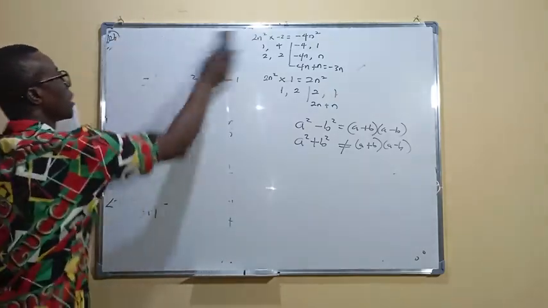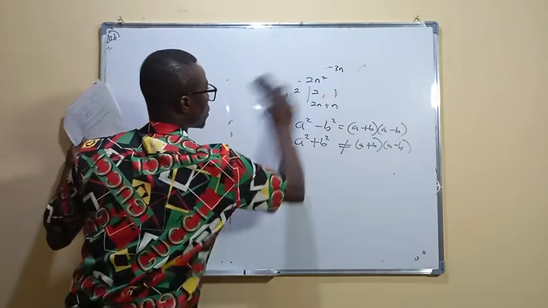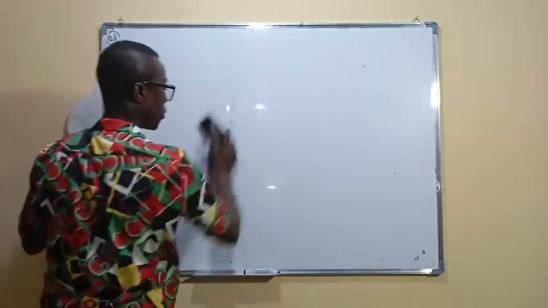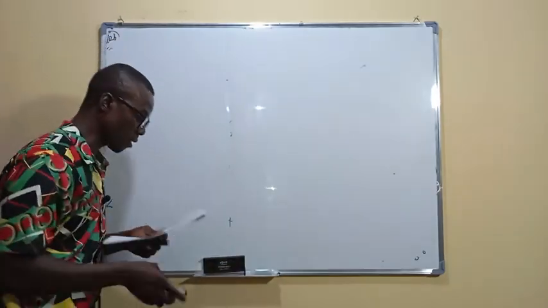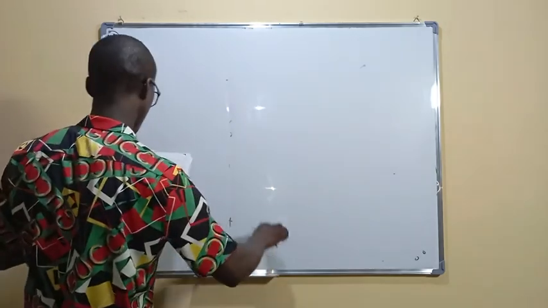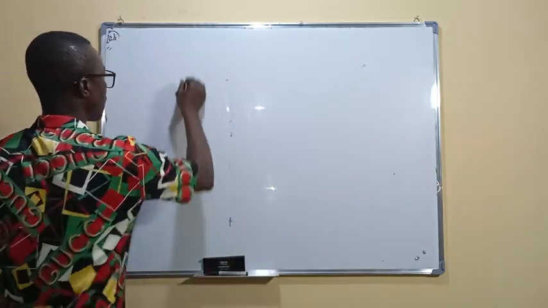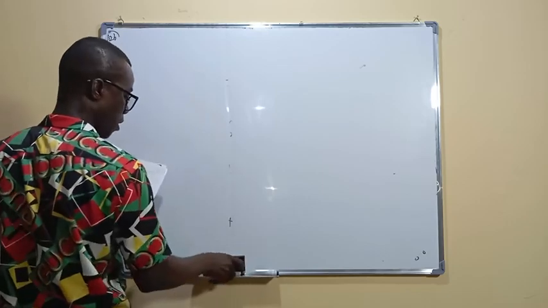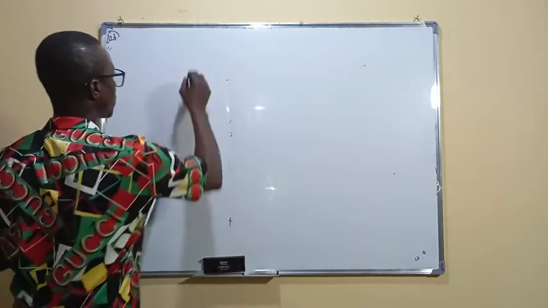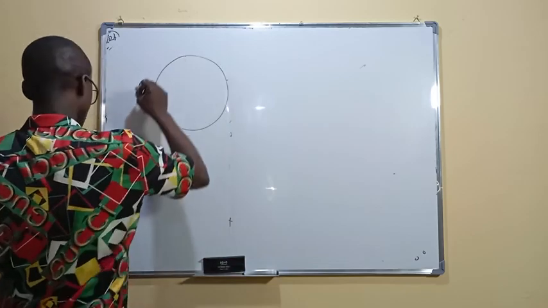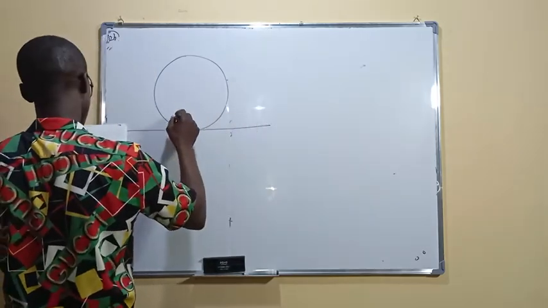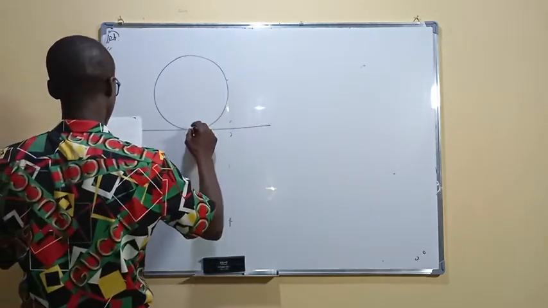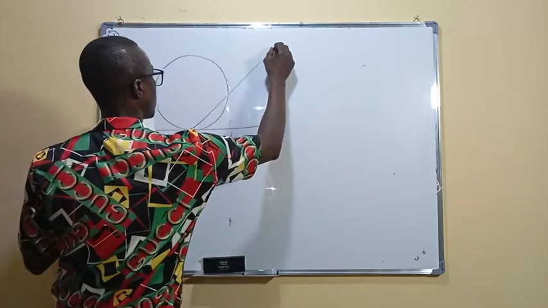So we're going to take question 13. We have this diagram over there, so let me draw the diagram. I have this here, and then I have something that comes from here.